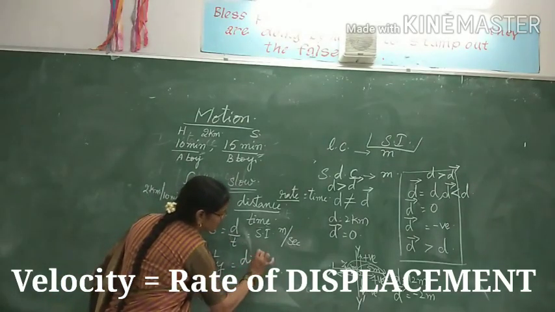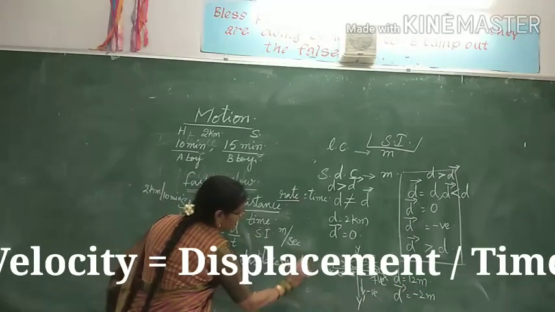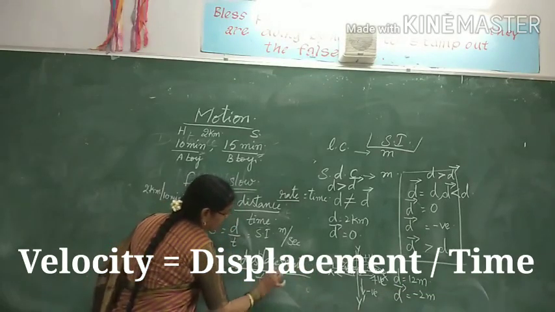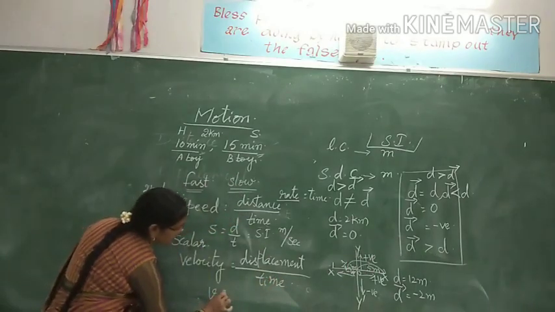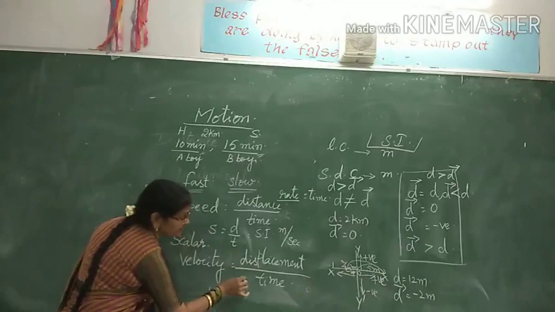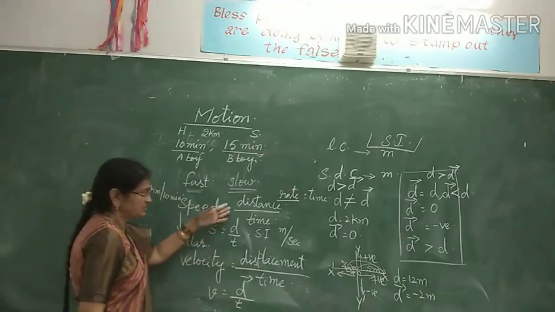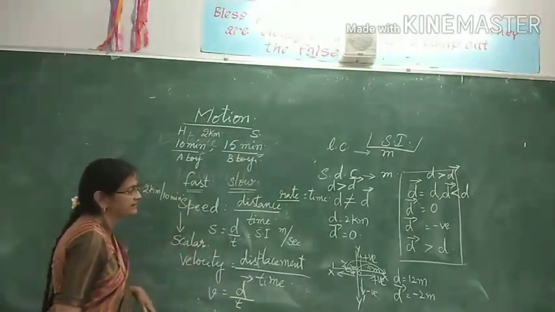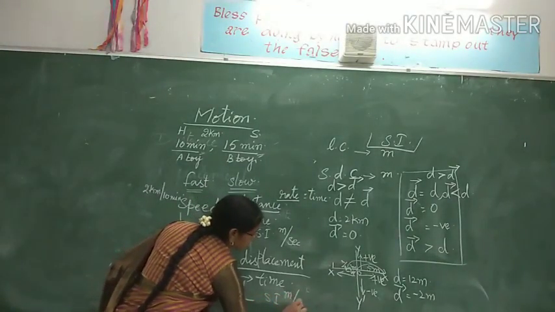Velocity is equal to displacement by time. Symbolically, V = d vector/t. Since both distance covered and displacement are lengths, the SI unit is meter per second.